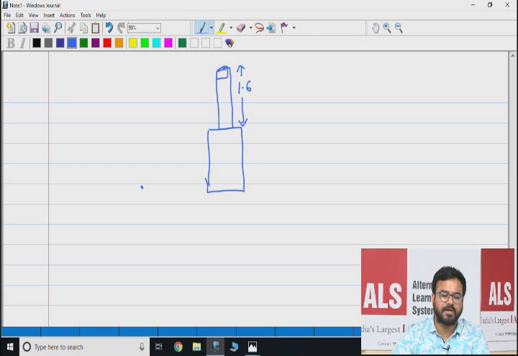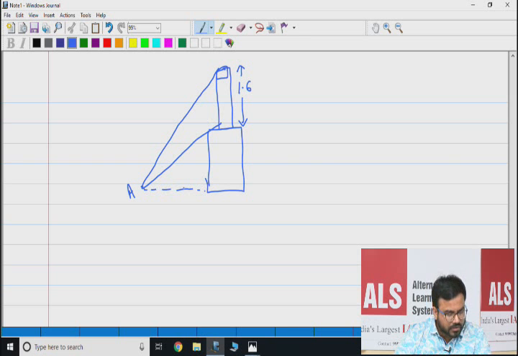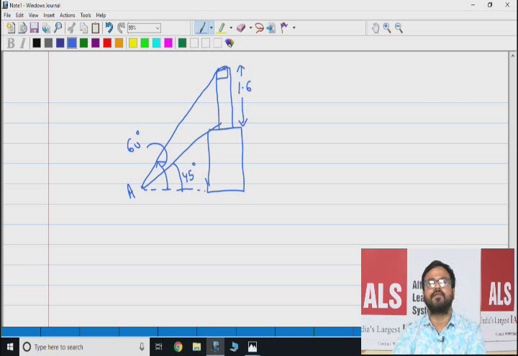So let's say the point is over here, and from point A, two angles of elevation are there, up to the top of the statue and up to the top of the pedestal, like this. So one angle is 60 and the other angle is 45. This angle, the larger one, is 60 and the smaller one is 45 degrees. So you have to find the height of the pedestal.